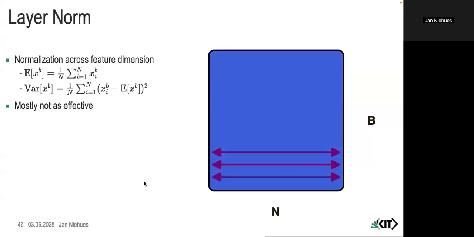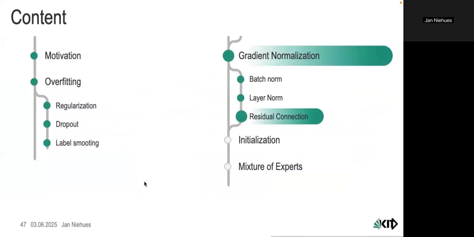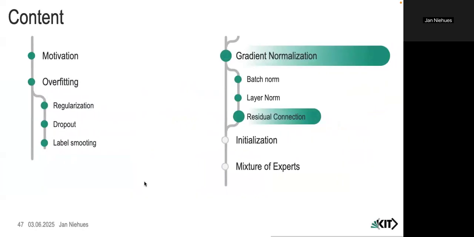The nice thing is that you can do this, for example, also for all time steps in the RNN. But the disadvantage is that this typically is not as efficient as batch norm. Still, both layer norm and batch norm are used. Good. Any more questions?